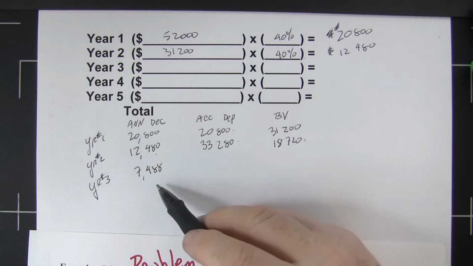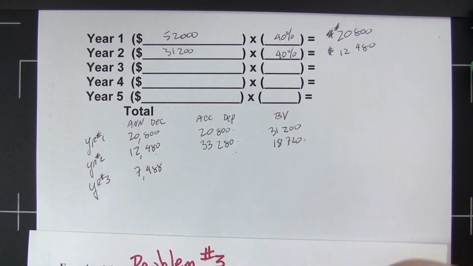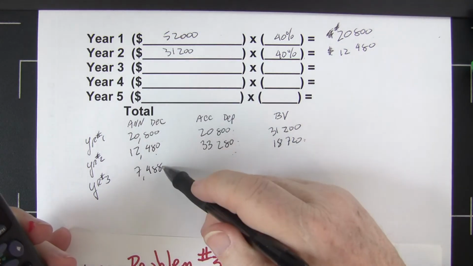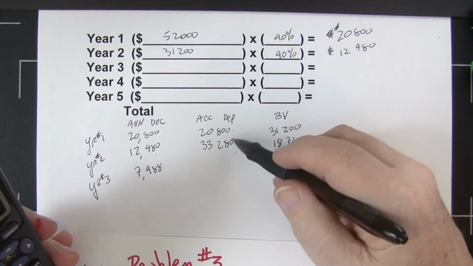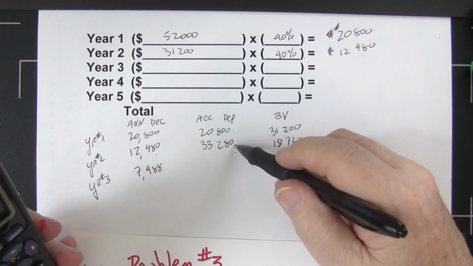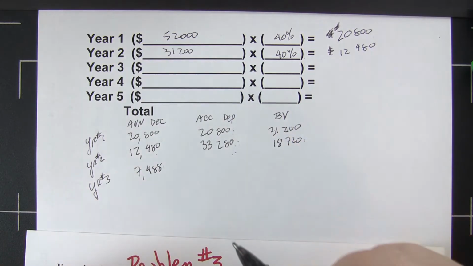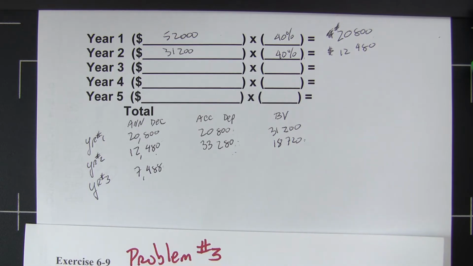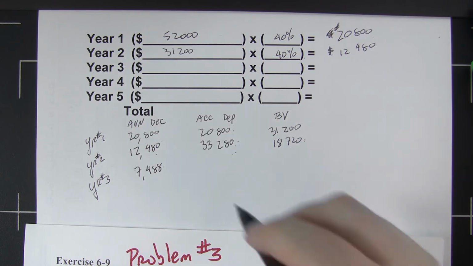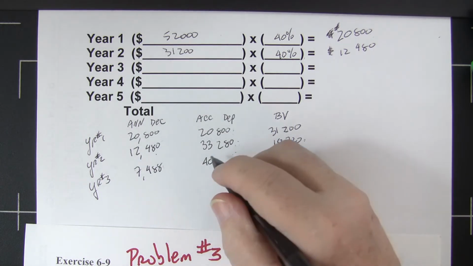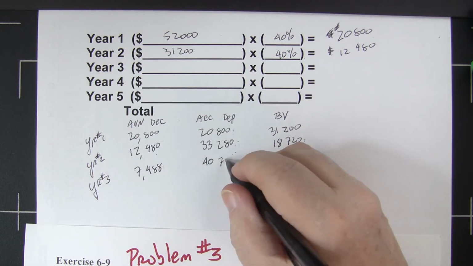I'm going to add that to my accumulated depreciation to date, and you could add all of these individually to get the same number. But I know as of last year I had 33,280, so I'll just add my 7,488 to that. So my accumulated depreciation now is 40,768.